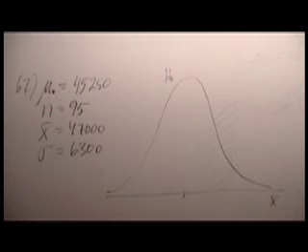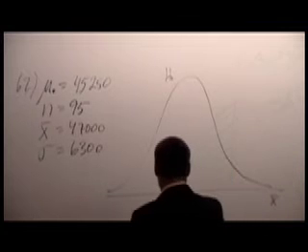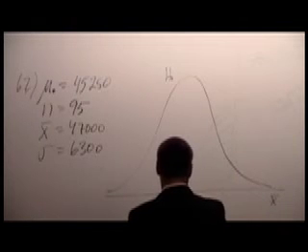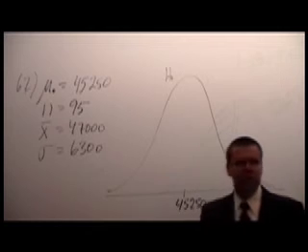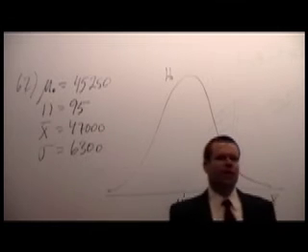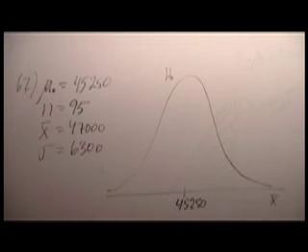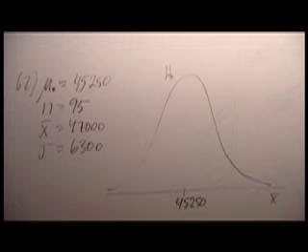Where is this distribution centered? 45,250. Very good. A lot of people attempted to put the sample mean in the center, but that makes no sense because the sample mean is soon to be drawn from this distribution.